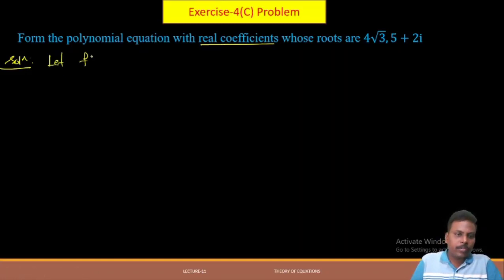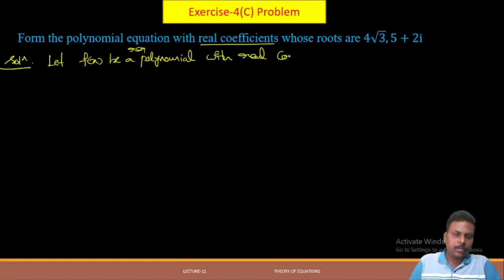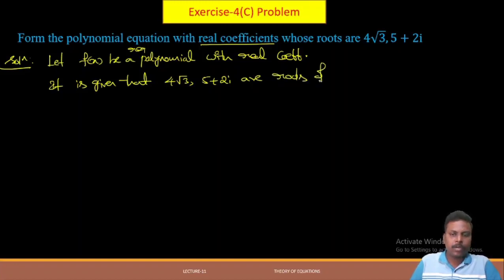Okay, let f of x be the required polynomial with real coefficients. It is given that 4 root 3 comma 5 plus 2i are roots of f of x is equal to 0.